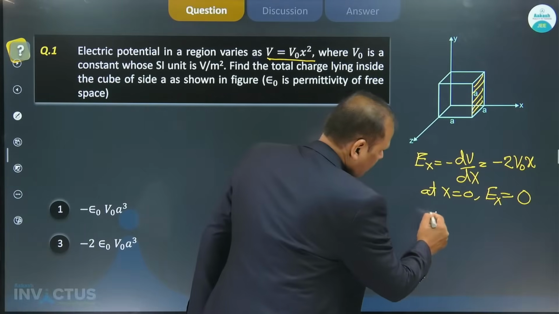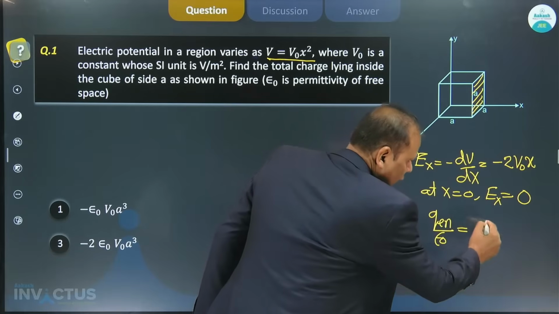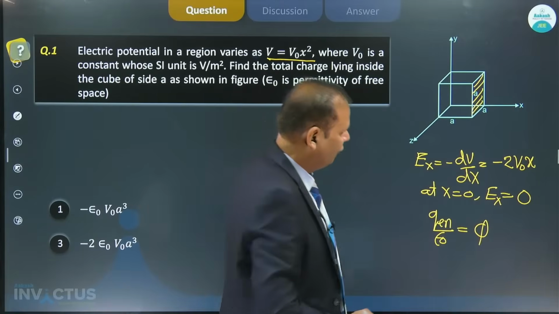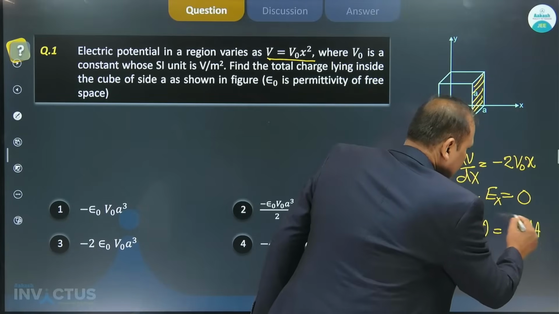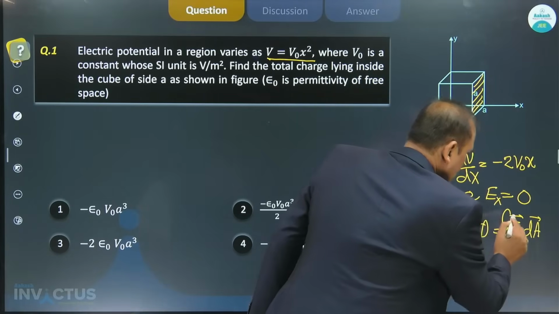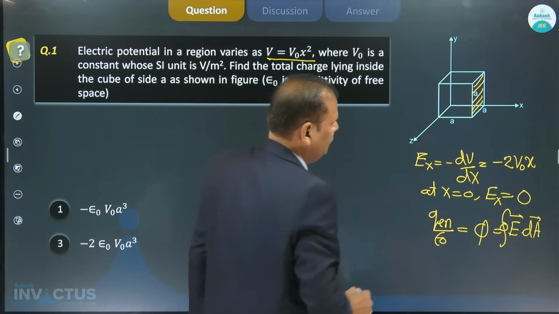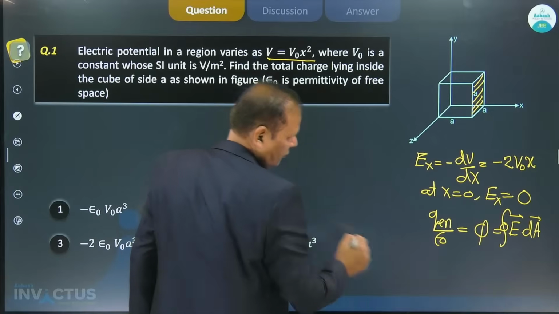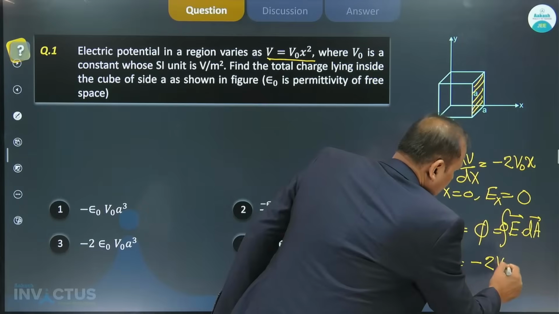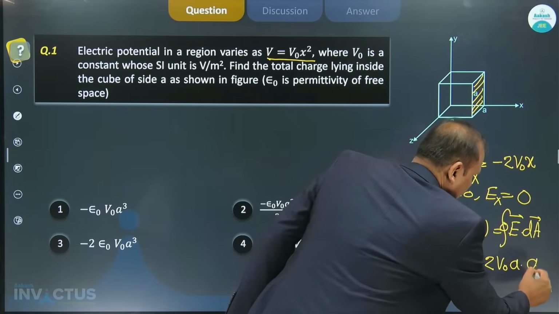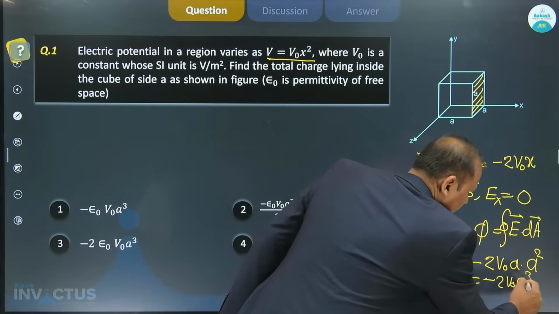You know, Q enclosed by epsilon naught is equal to flux. और फ्लक्स क्या है? Integral of E dot dA. So here flux is equal to minus 2 V naught a into a square, that is minus 2 V naught a cube.